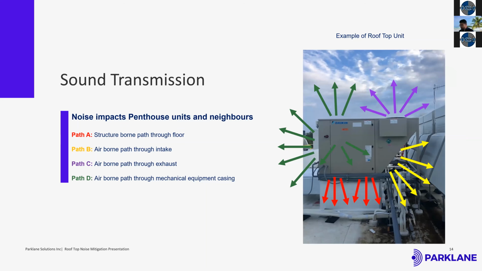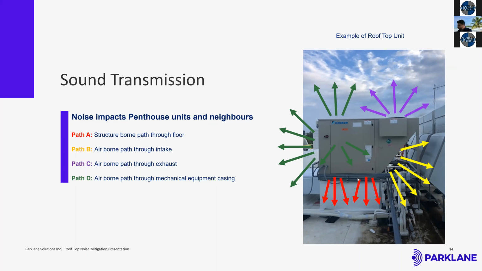Sound transmission. There are various means of sound transmission. And in this case, this rooftop unit has, as described here, paths A, B, C, and D, different ways of transmitting. Typically, rooftop units, since they're on the rooftop, impact the penthouse units, which are most likely the expensive units, and the neighbors that are facing this equipment or nearby.